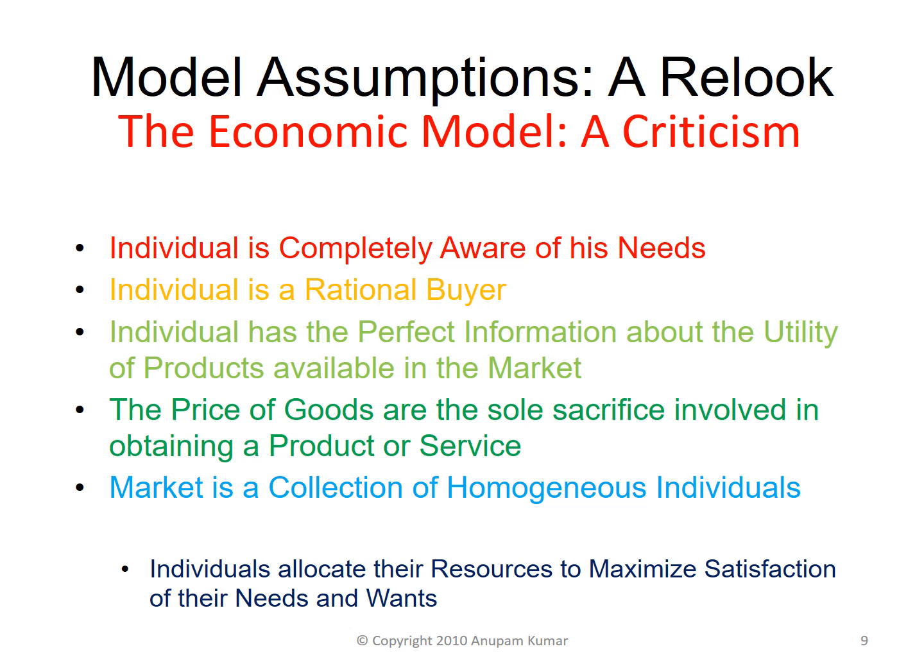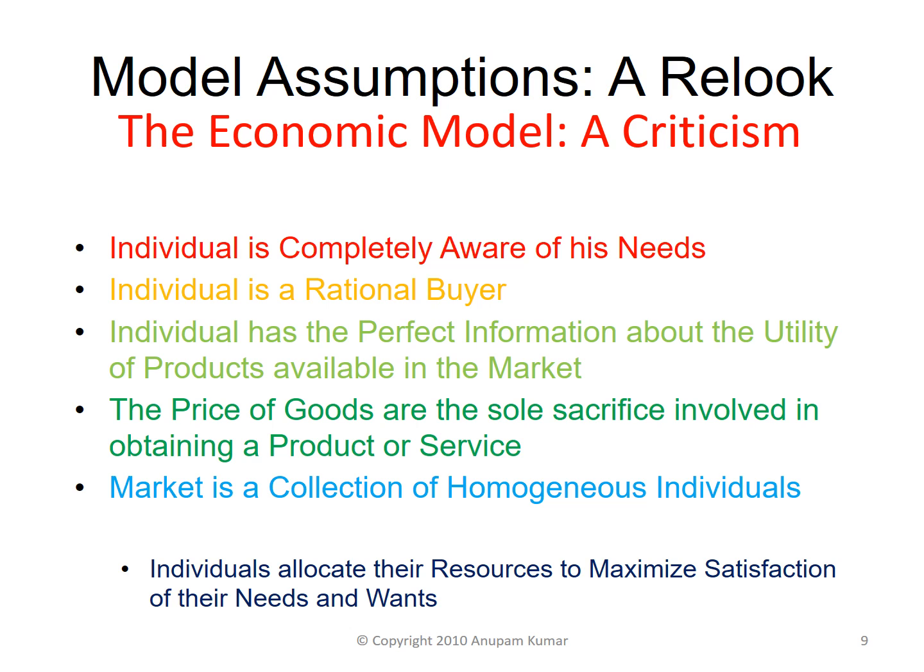The effort put in to buy or to choose 8 shirts instead of 3 is also a resource which the individual might be putting in. And the market being a collection of homogeneous individuals? Well, in the current scenario, we know we cannot consider each and every person as homogeneous or the same.